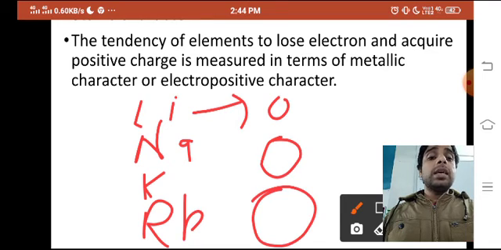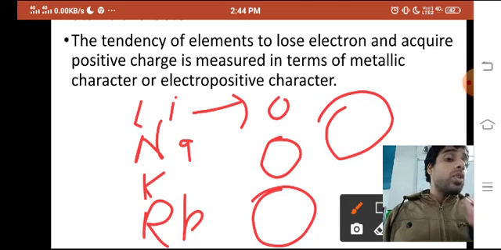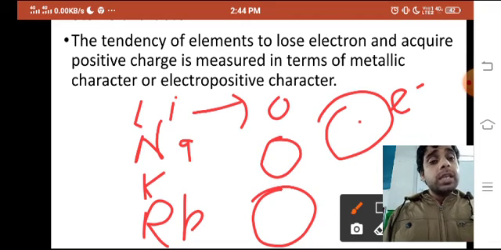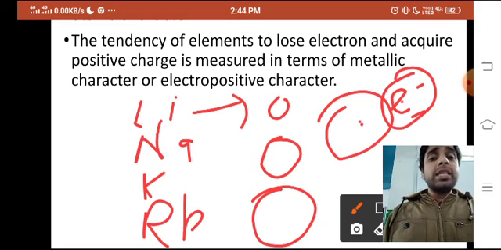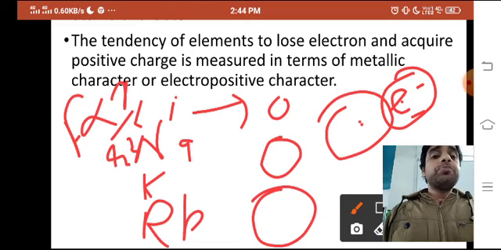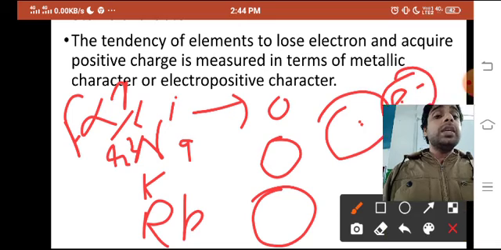If the shell size of these elements is increasing, that means it is very easy for the electron which has the maximum distance to be lost easily, because force of attraction F is inversely proportional to 1 by R square. And if the distance increases, the force of attraction will decrease, so the electron can be lost easily.